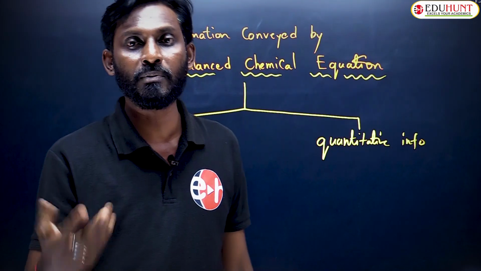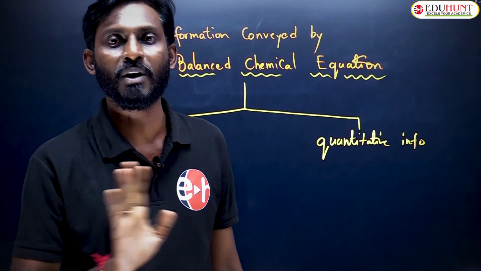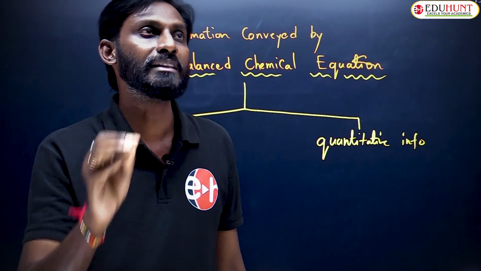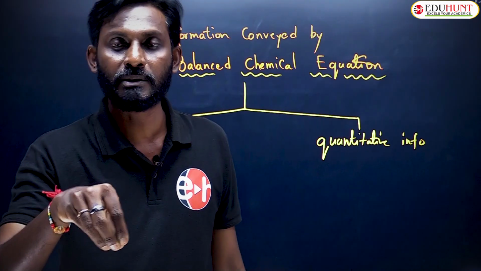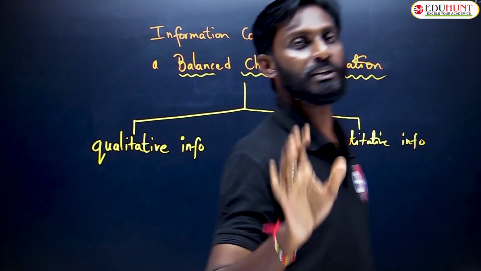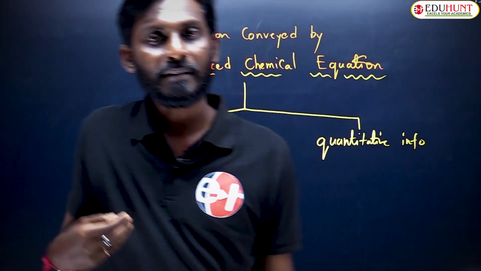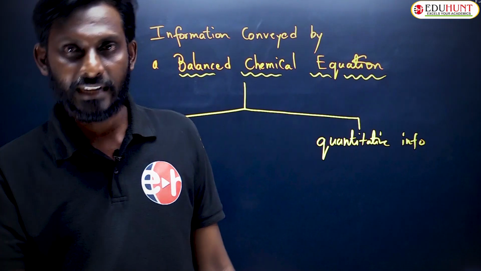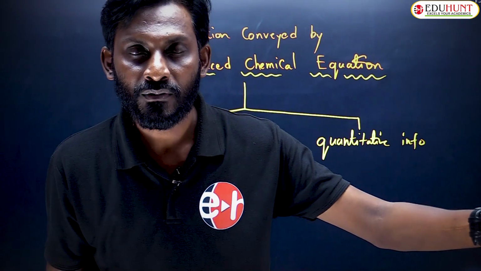You can tell me the formula of the reactants or products, or you can tell me the names of the reactants participated or the products formed. But the point is, you are telling me which chemicals participate as reactants and which chemical compounds are produced as products.